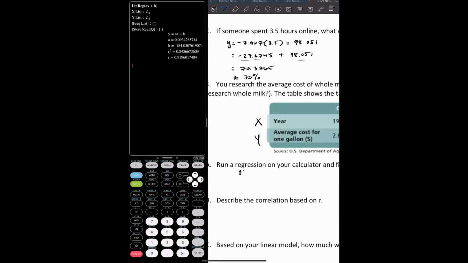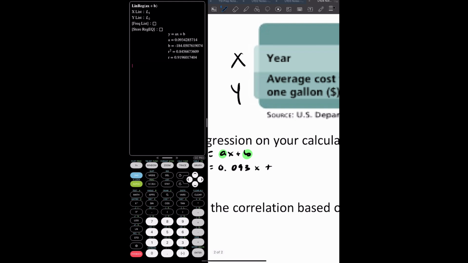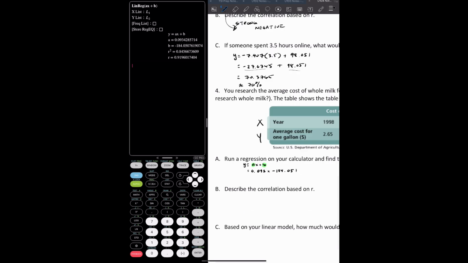So remember, it's in the form y equals ax plus b. It's basically y equals mx plus b, same thing. So remember, we're replacing the a and the b values, and we're rounding to 3 decimal places. So for a, we have 0.093x plus, well, we have plus negative 184. So basically, this is going to become minus 184.051.